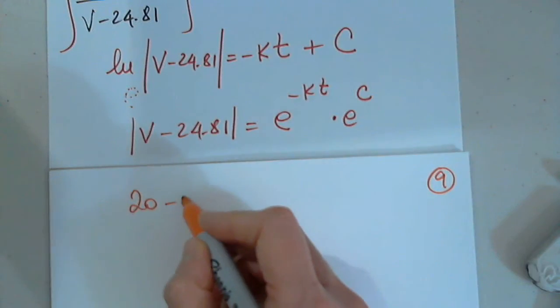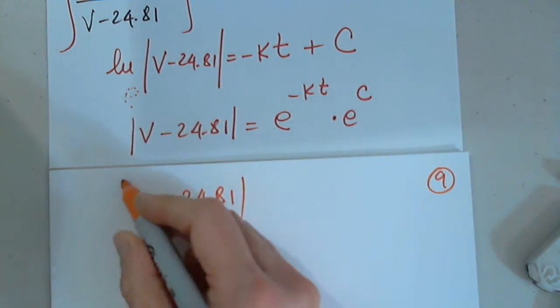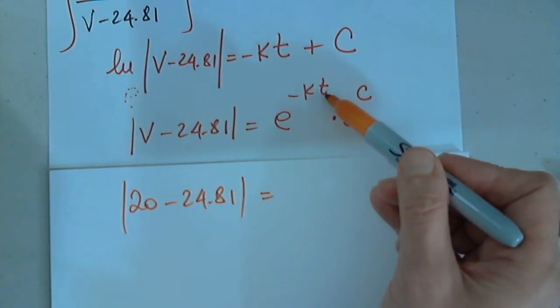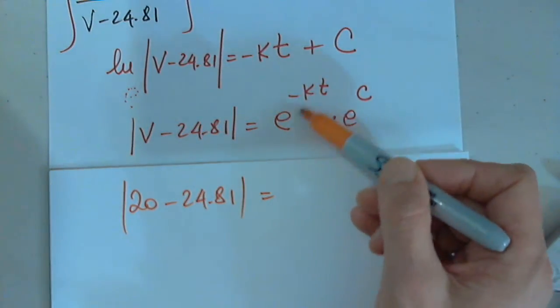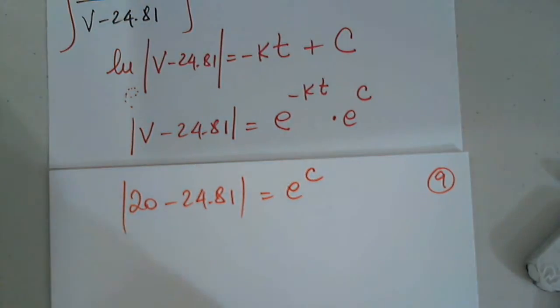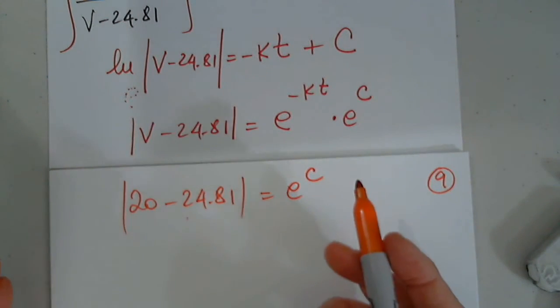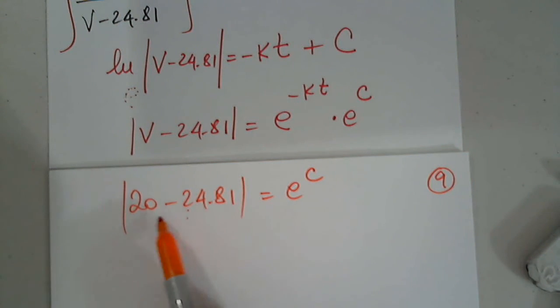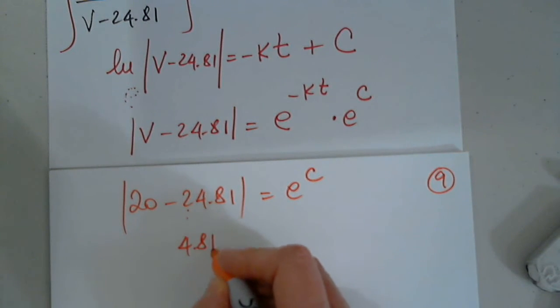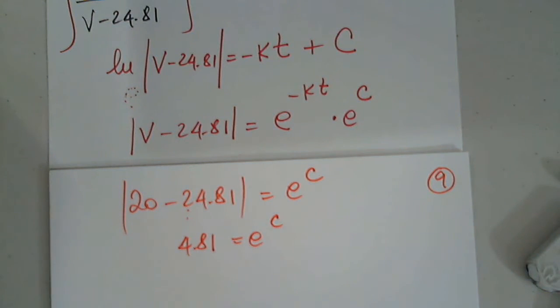So 20 minus 24.81 in absolute value, when t is 0 and this is 1, will be e to c. It has to be a positive number, so 24.81 minus 20, it's 4.81 equals e to c.